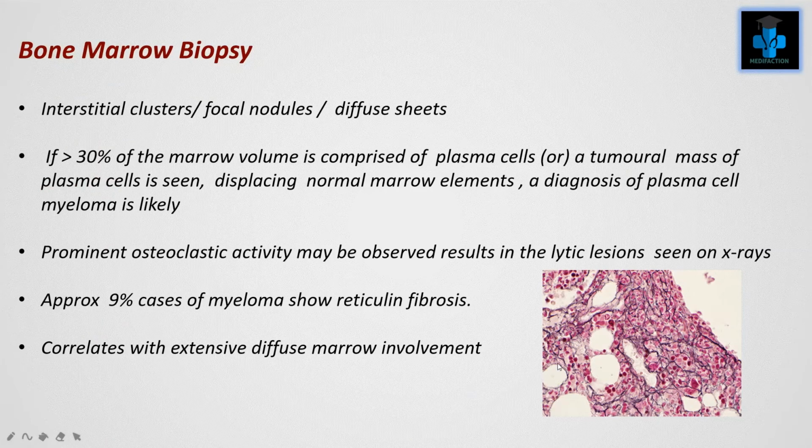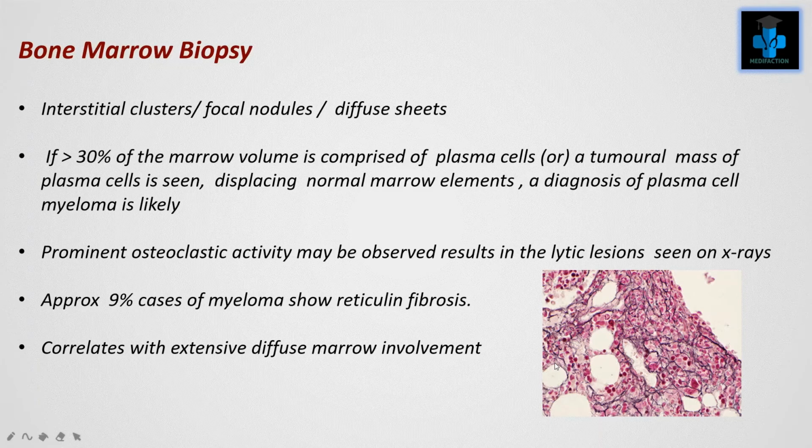Bone marrow biopsy. There will be interstitial clusters or focal nodules or diffuse sheets. If greater than 30% of the bone marrow volume is comprised of plasma cells or a tumoral mass of plasma cells is seen, displacing normal marrow elements, a diagnosis of plasma cell myeloma is likely.